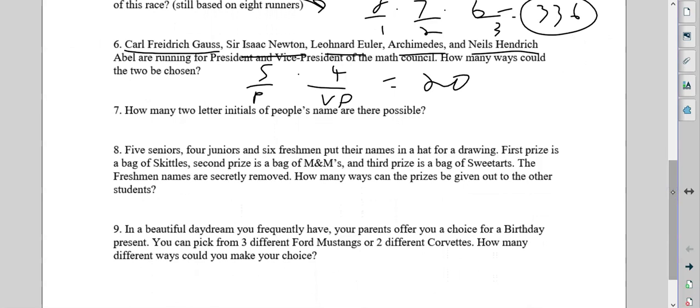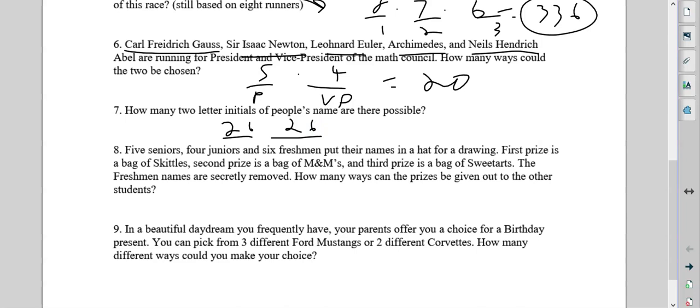How many 2-letter initials of people's names are possible? Okay, well, 2-letter initials. So we've got first initial, second initial. And there's 26 letters in the alphabet. Since you could have somebody with JJ, you've got 26 letters here because you can have repeats.